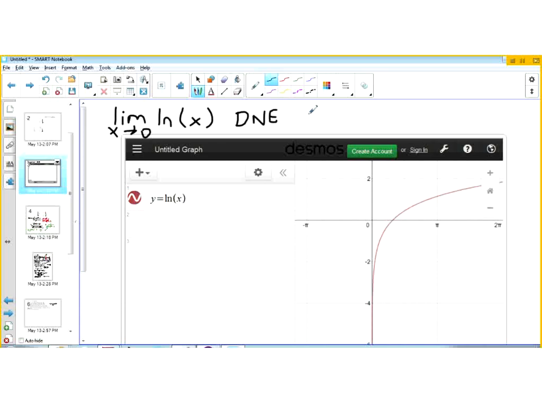Why is that? Because we cannot approach 0 from the left, so we do not have a left limit. In order for this limit to exist, we need the left and right limits to be the same value. The limit as x approaches 0 from numbers less than 0 of the natural log function doesn't exist, so the limit as x approaches 0 of the natural log function doesn't exist.